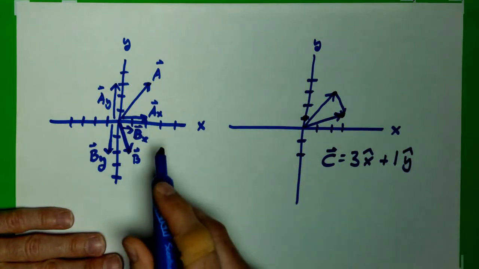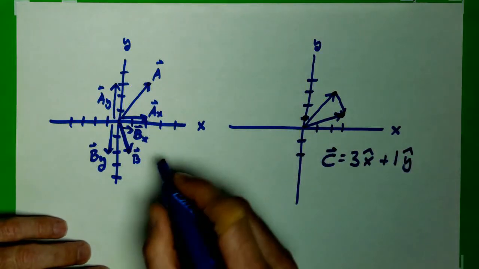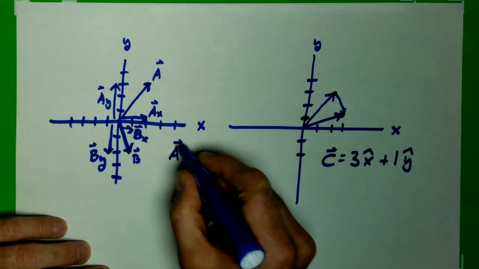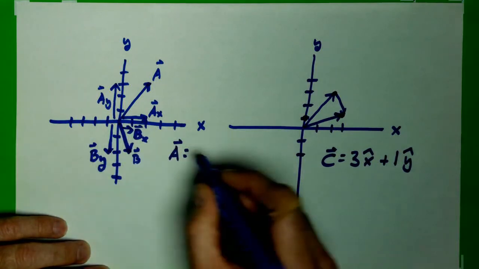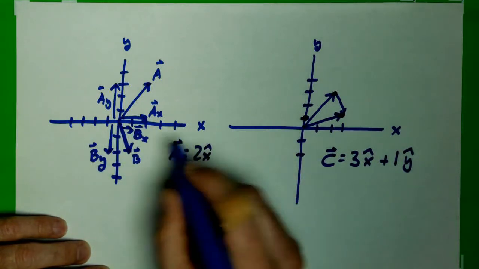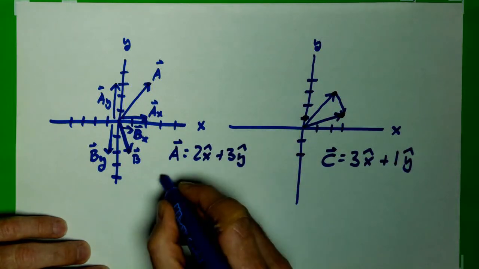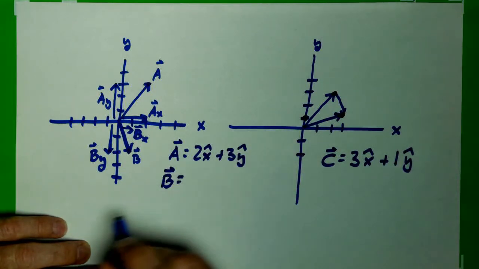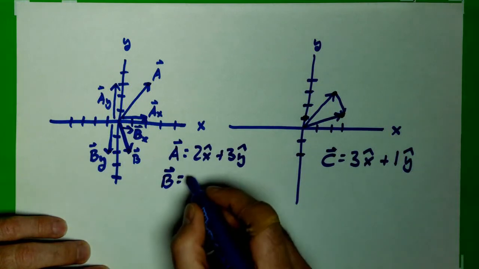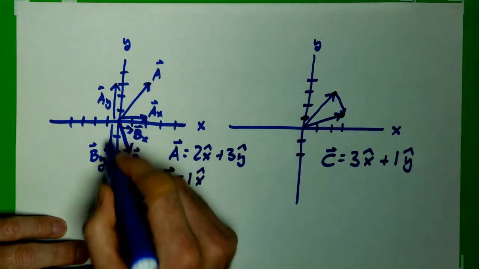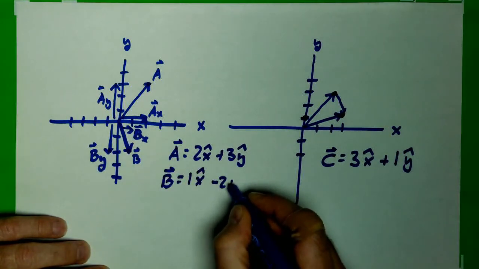Now mathematically that should work out too, because A was 2 x hat plus 3 y hat, and B was equal to 1 x hat minus 2 y hat.